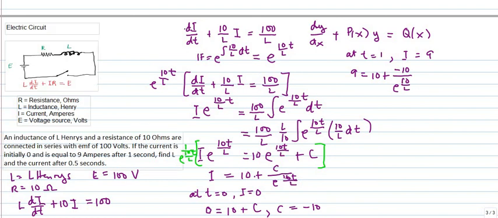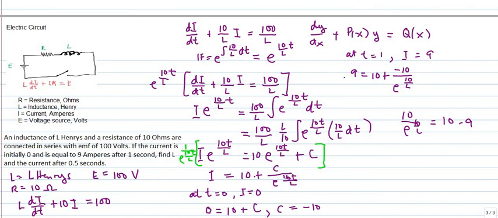Let me erase this one first. So we have 10 over L. This time we will multiply both sides by 10 over L. When we combine this, we transfer this to the other side, and 9 to the other side. So that becomes 10 over e raised to 10 over L, which is equivalent to 10 minus 9.